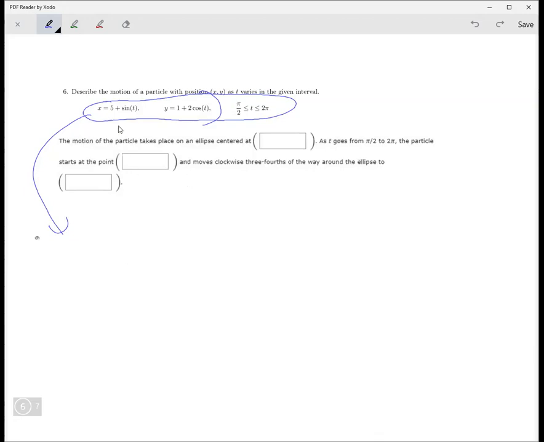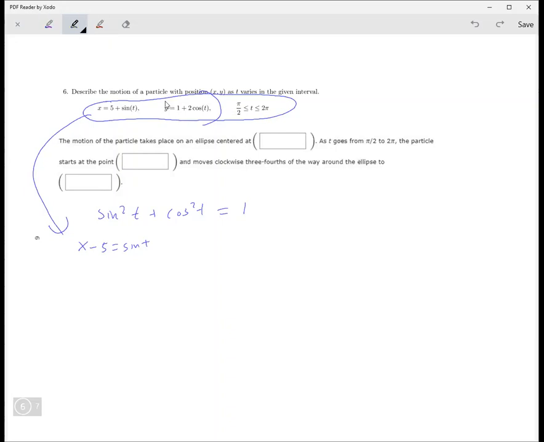If you see things like sines and cosines, then sometimes you can use this idea right here, and in this case, you can. So x minus 5 is sine t, if you look at the first equation.